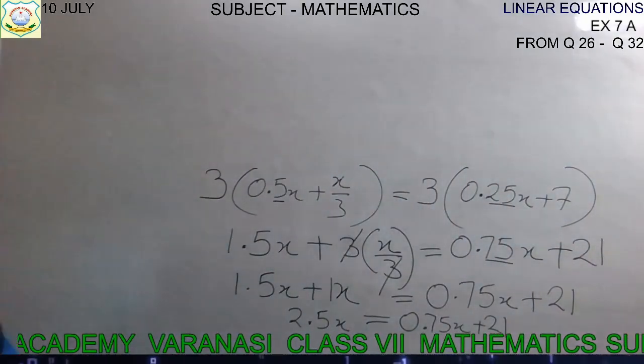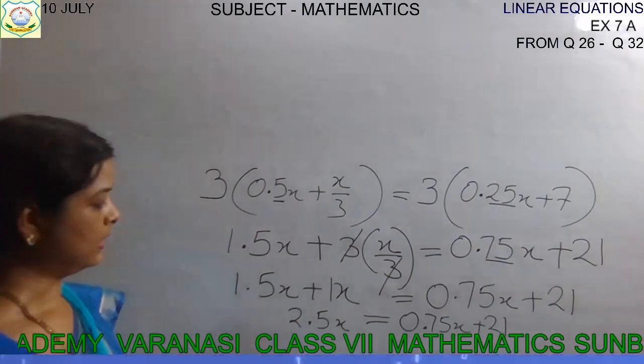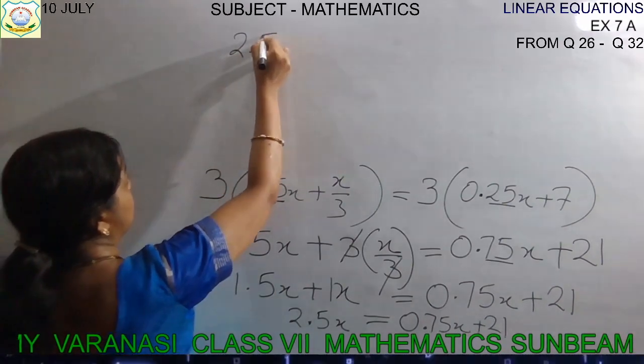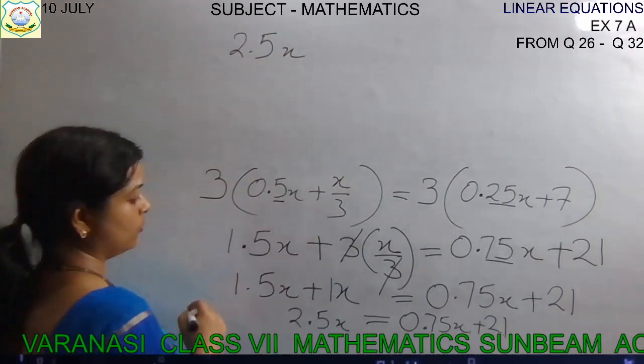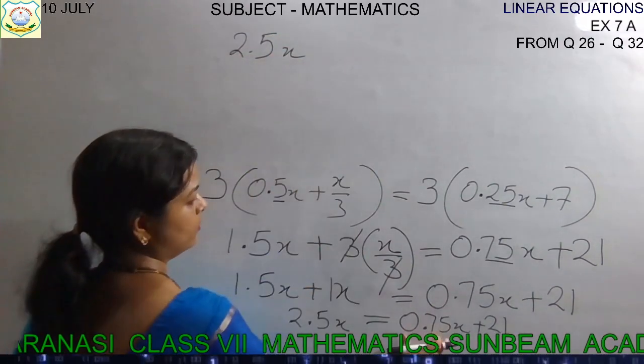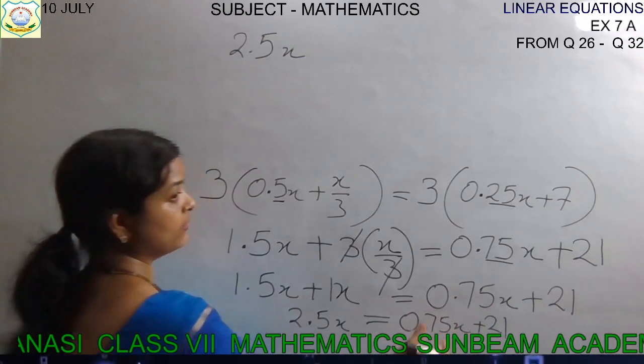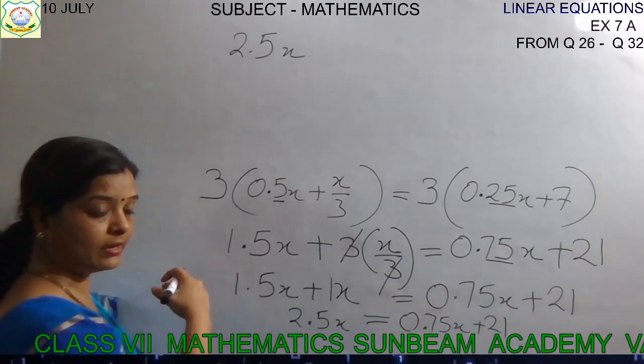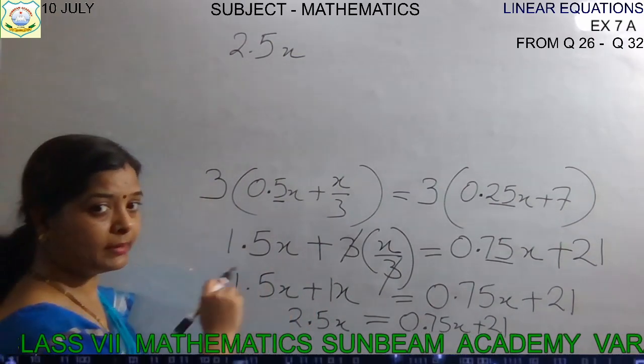After this, I am going to write the last step first. Utilize your time, children. 2.5x. Now this 0.75, when transposed to the LHS, the left hand side, will become minus.